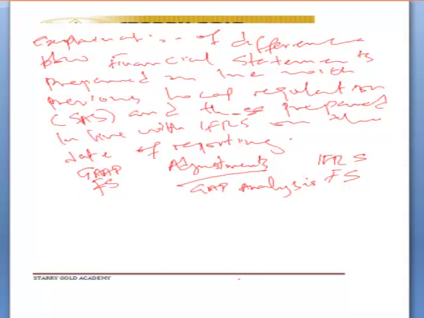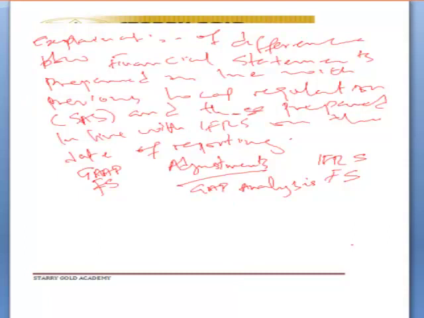So it is a very simple definition. You can define gap analysis as a variation between two sets of financial reports. These are the financial statements prepared in line with previous generally accepted accounting practices, in Nigeria the statement of accounting standard, and the one prepared in line with International Financial Reporting Standards on the first date that you are switching to that application.